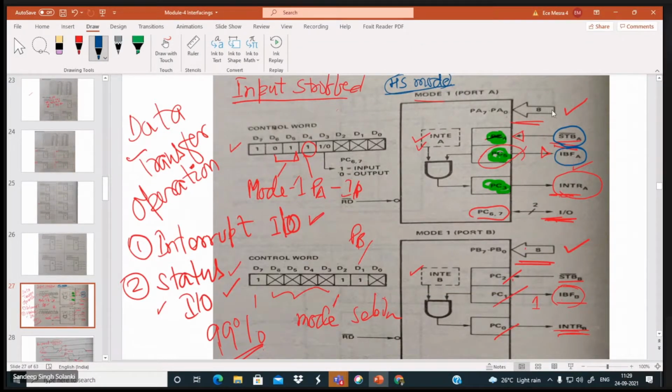This is the case when you are doing input handshaking. When you are inputting data, these two handshake signals will appear automatically as soon as you select mode 1. Getting it?